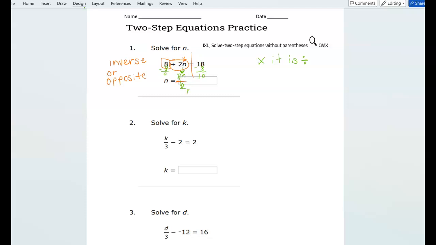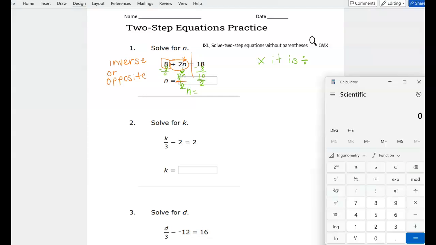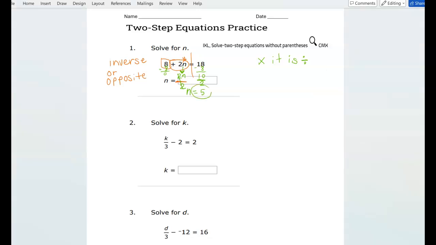So we have 1n equals, and what we do to one side, we do to the other. What did we do? We divided by 2. So 10 divided by 2, this is what the division sign looks like. 10, here it is, the division sign, divided by 2 equals 5. n is equal to 5.